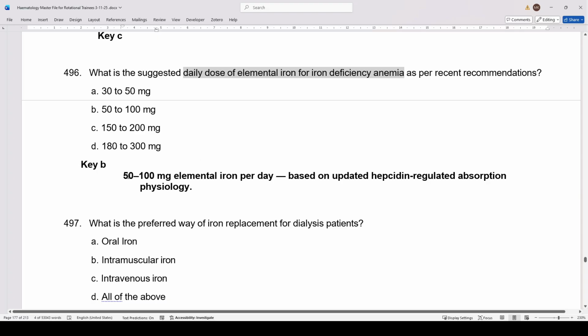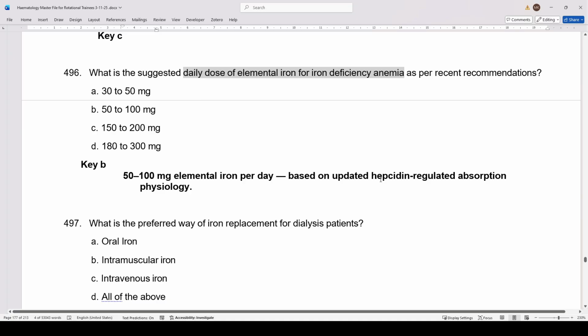So 50 to 100 milligrams of elemental iron per day is recommended based on updated hepcidin regulation of absorption physiology. The reason is that when you give a lot of iron to the patient, initially the iron will be absorbed, but then hepcidin will be released, because hepcidin is a negative regulator of iron.